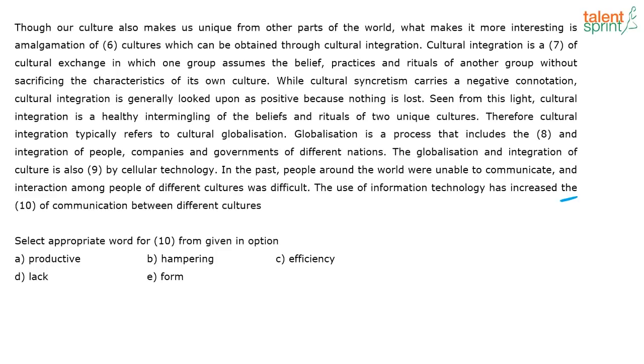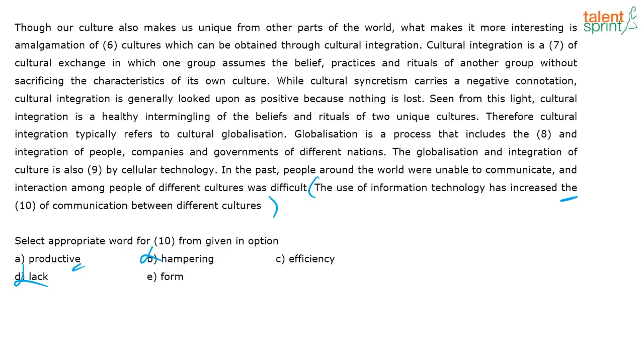The use of information technology has increased the dash of communication between different cultures. Obviously, this sentence again, I need to look at context meaning, right? It's a positive context, which means I don't need negative words. I don't need hampering and lack. I don't need productive. It's not in the right form. It's in an adjective form, right?